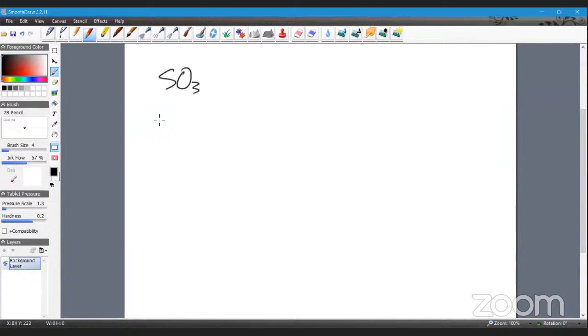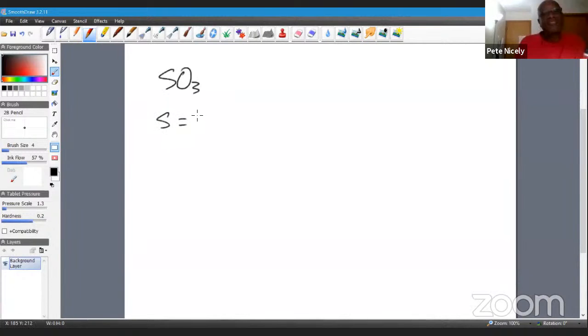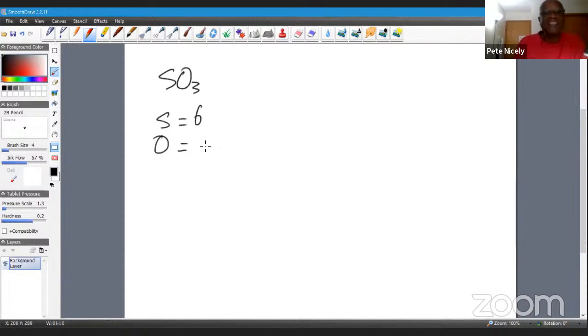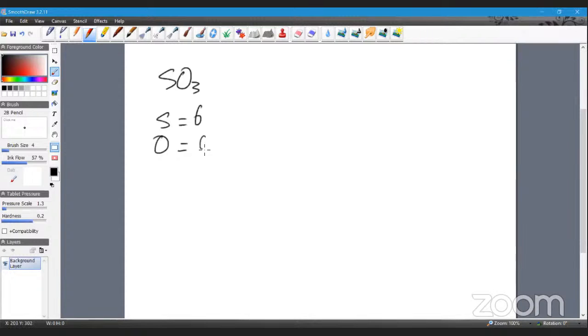Finding the valence electrons of sulfur. Okay, so sulfur would contribute how many electrons? Six. Okay, and oxygen will contribute how many each? 6 times 3 gives you 18.